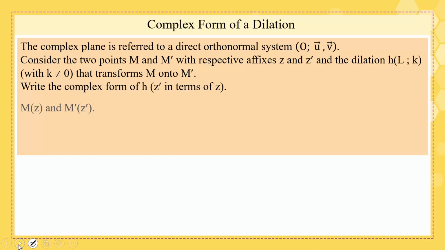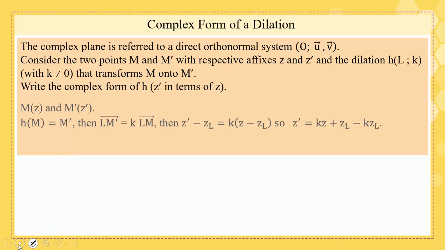As we know, Z is the affix of M and Z prime is the affix of M prime. And since H of M equal M prime, that means vector LM prime equal K vector LM.